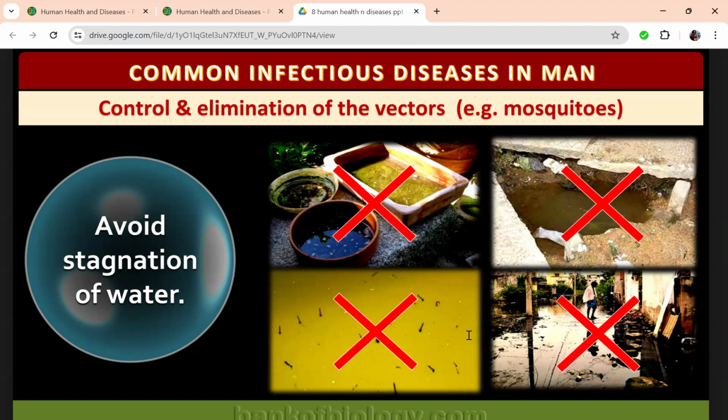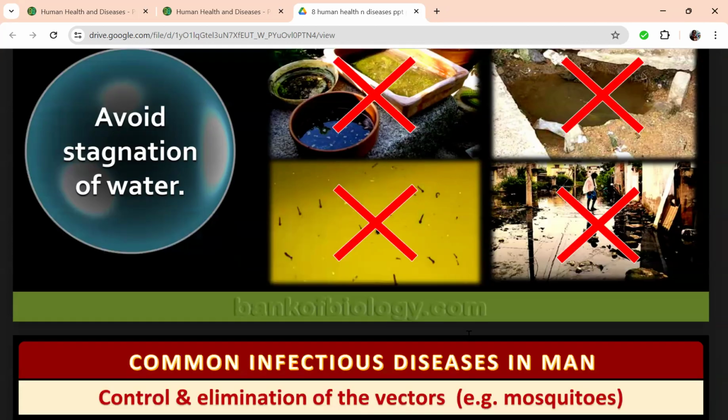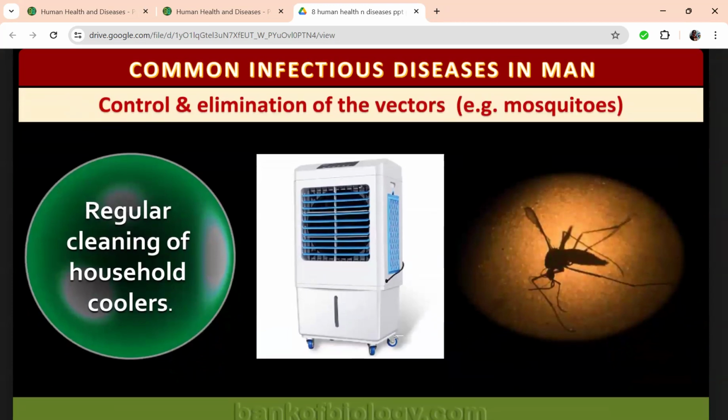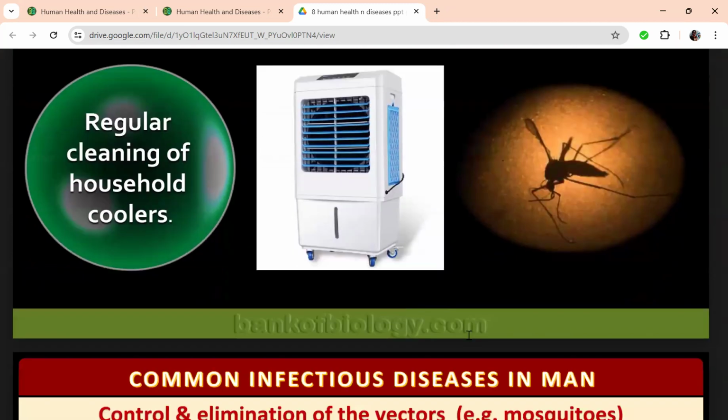During malaria or dengue, people come around the home and tell us not to let water stagnate for a very long time, because larvae will grow in the stagnated water. Regular cleaning of household coolers is also important, because otherwise there will be deposition, and then mosquito larvae will grow in the stagnated water in the cooler.